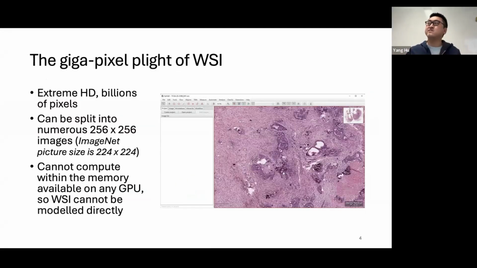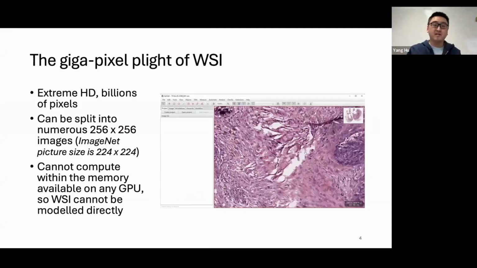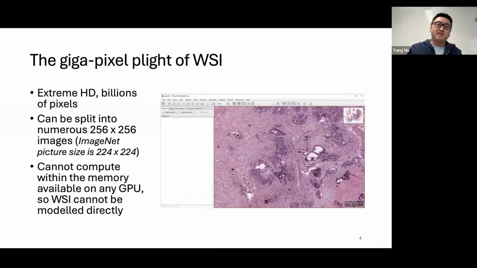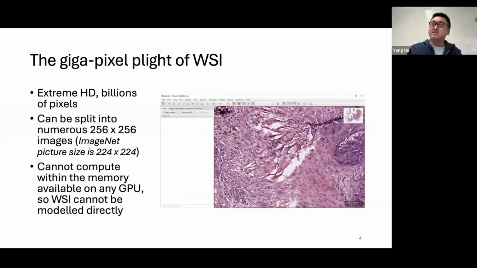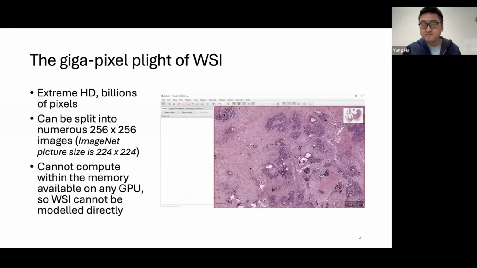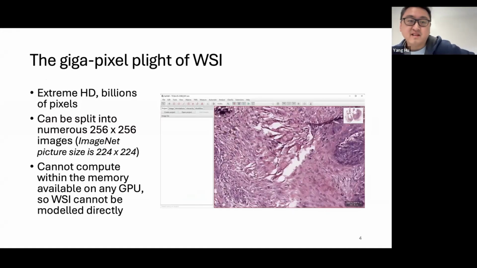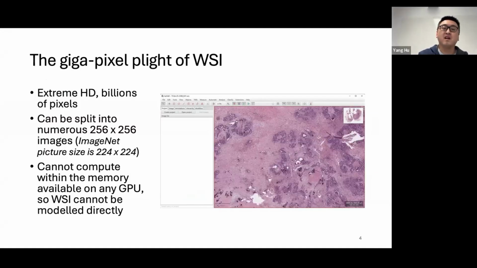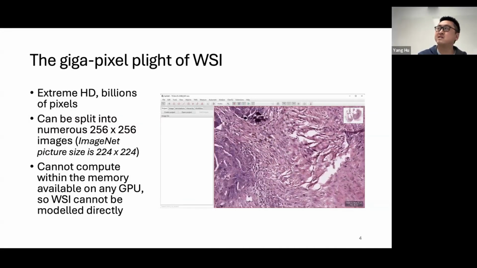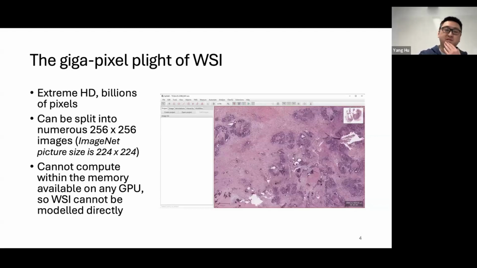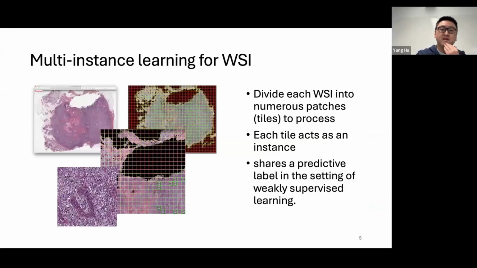I also assume you know very well the main challenge of digital pathology image analysis. The whole slide images are very high resolution, and usually we need to separate them into a lot of normal-size images to suit our computational resources.